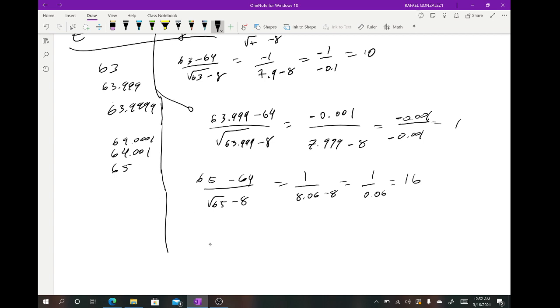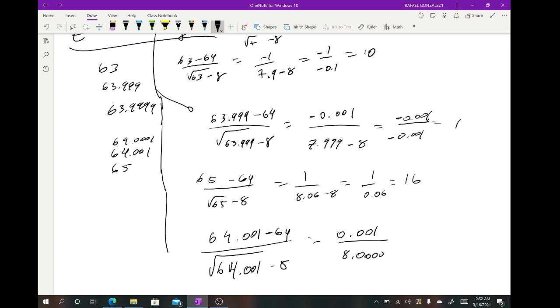And now if you move to the next one, let's say 64.001 minus 64 divided by the square root of 64.001 minus 8. Then we have in the top 0.001 divided by, so let's see what's the square root of 64.001. It's going to be very close to 8. It's actually 8.000062 minus 8.